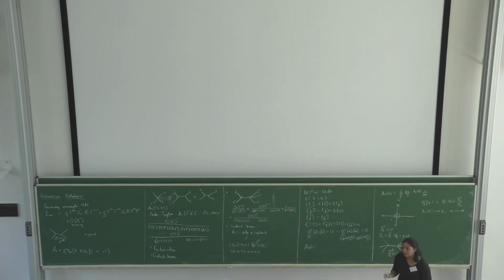The BCFW recursion will only have pole terms. You're never going to include a contact term because any kind of contact term will have to come from a z equals infinity pole, and we're saying that this kind of argument only works when there is no such pole.